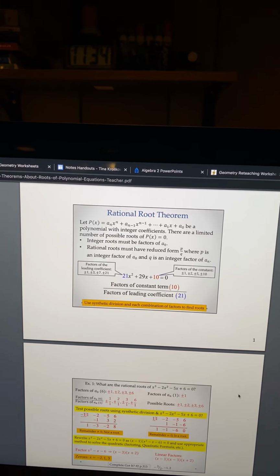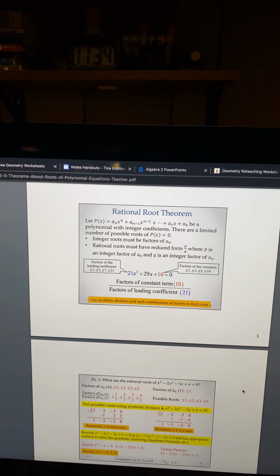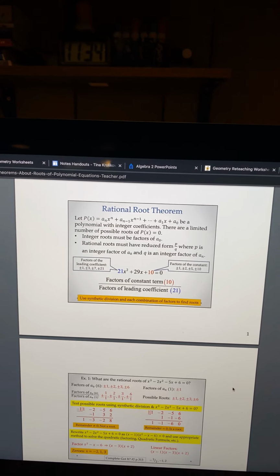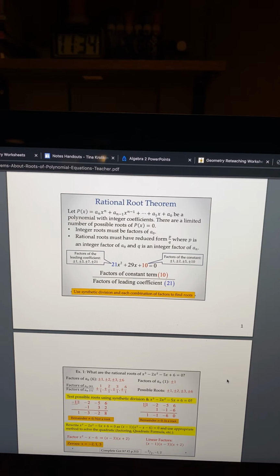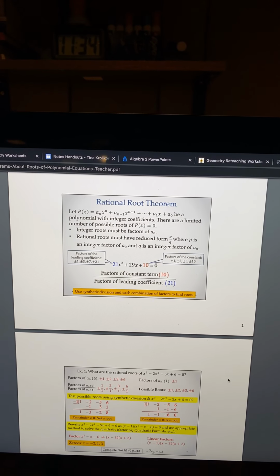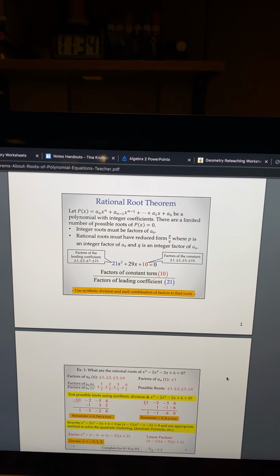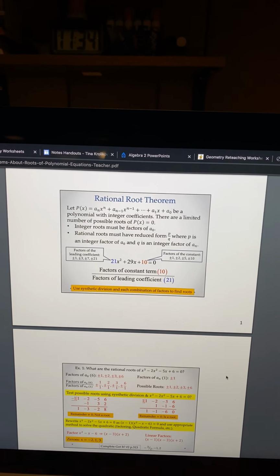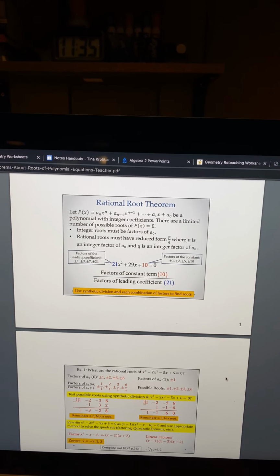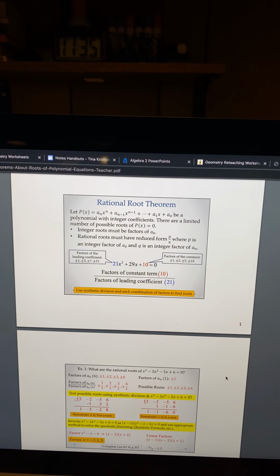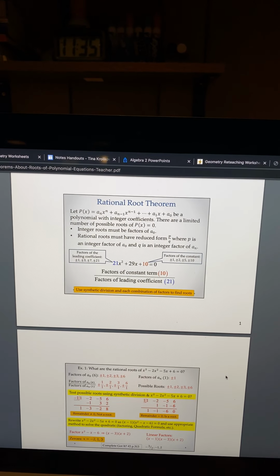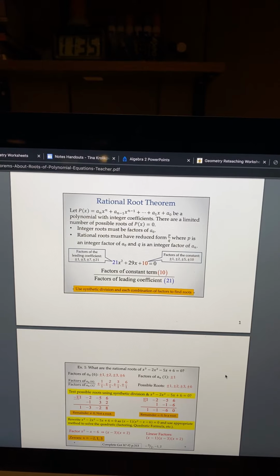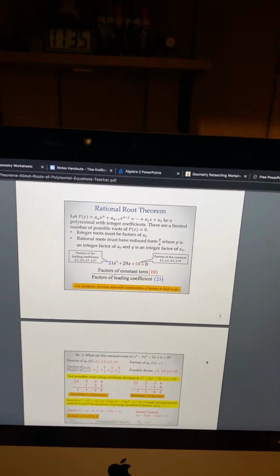Right, so the rational root theorem. At any point, feel free to pause and take down notes if you feel compelled to. But as you can see, this says let P of X equal a_n x^n plus a_(n-1) x^(n-1) plus and so on.